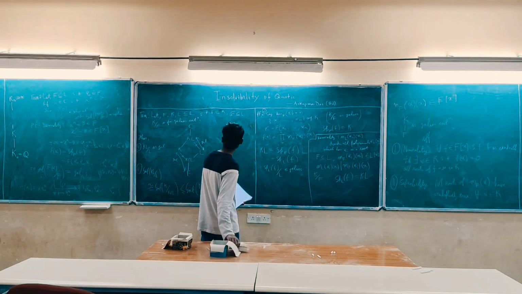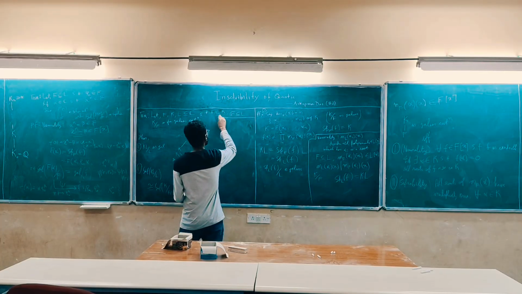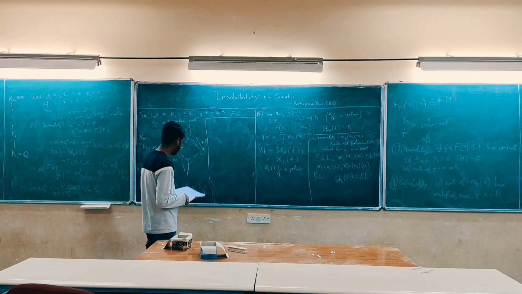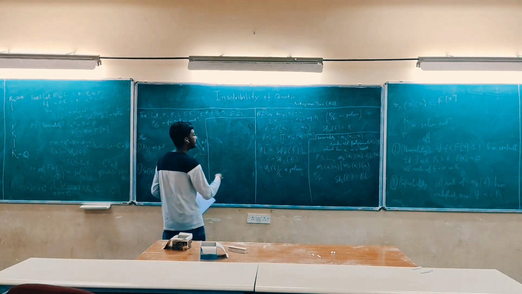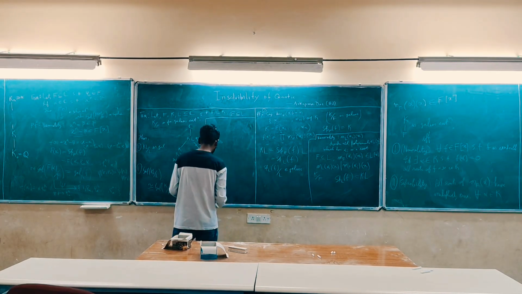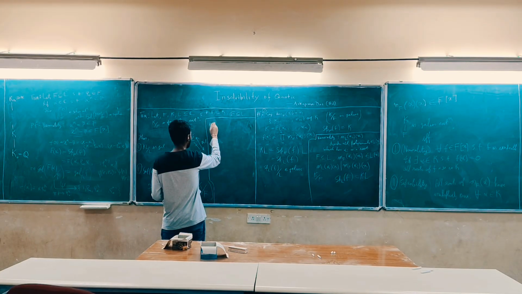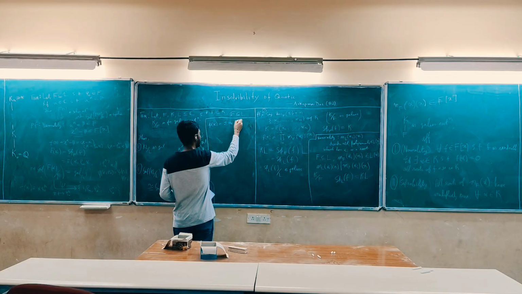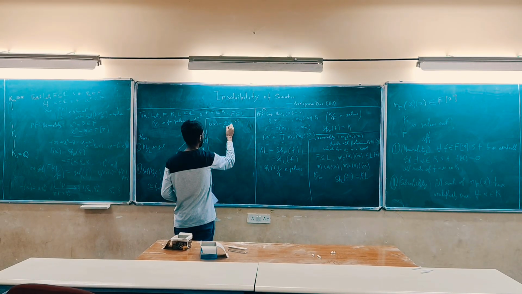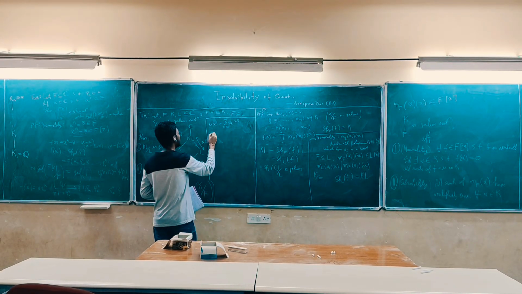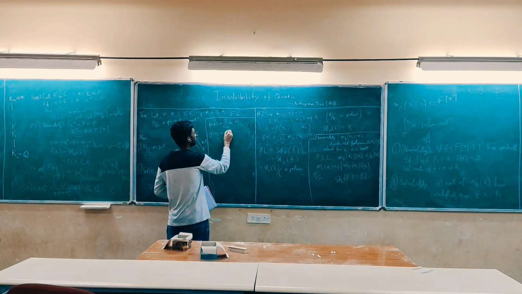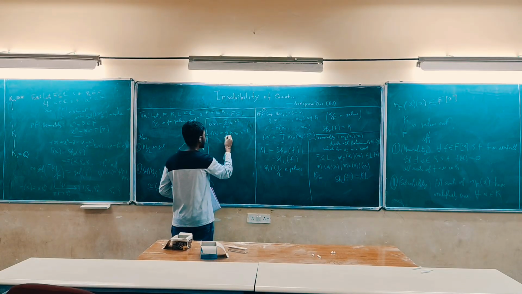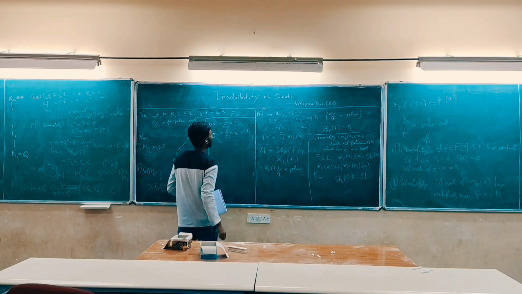For separability, we want to check if there are multiple roots or not. Say p(x) is the summation of a_k x to the power k, and we define a formal derivative p'(x) as the summation of k a_k x to the power k minus 1, k from 1 to n.